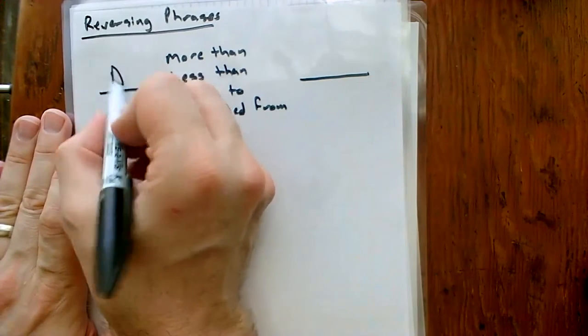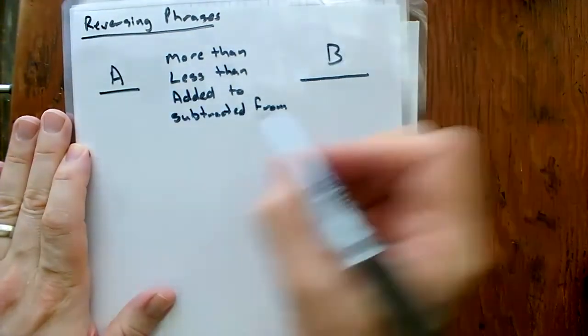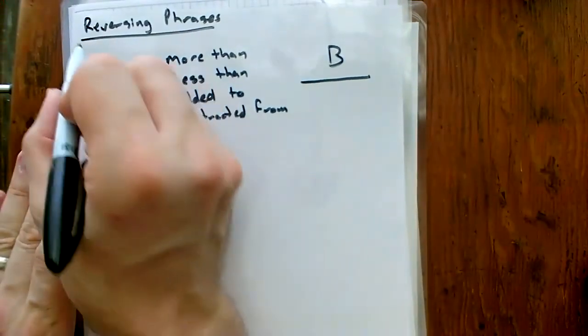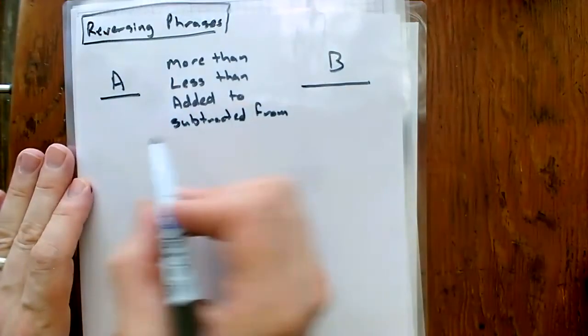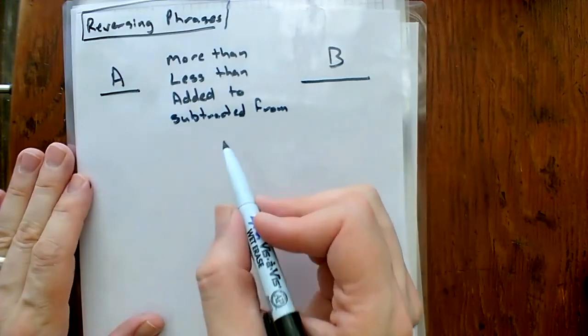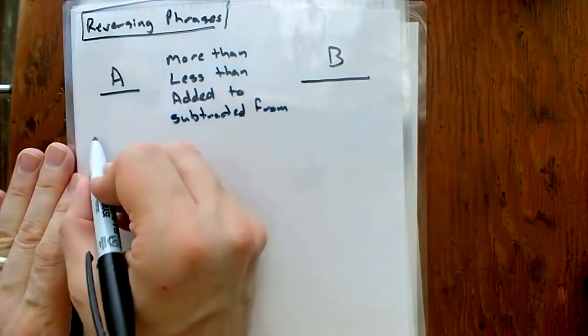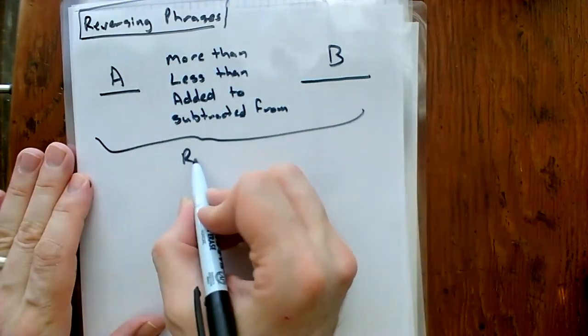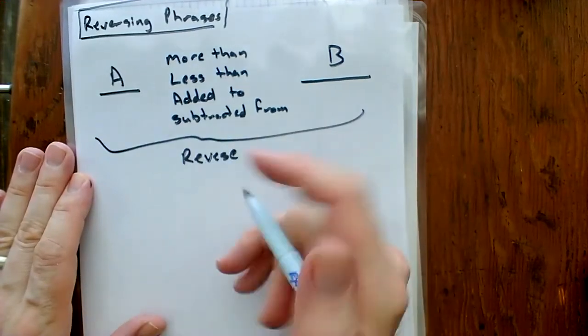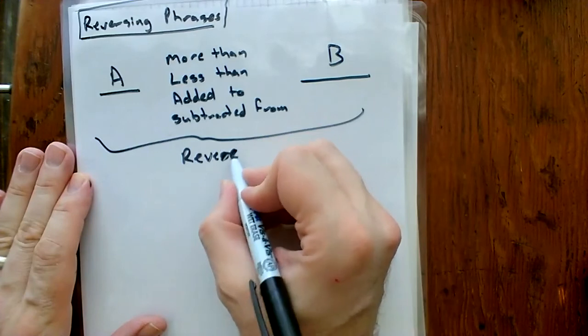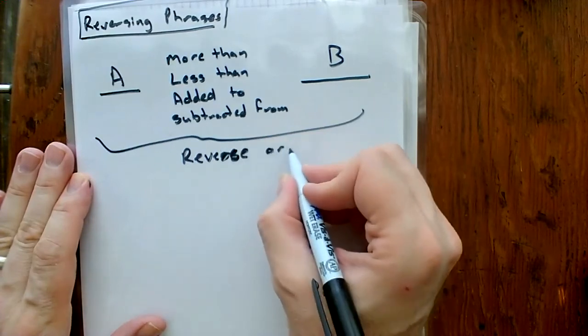So let's say this A and B, and with this type of phrase, what we're going to do is reverse the order of our objects.